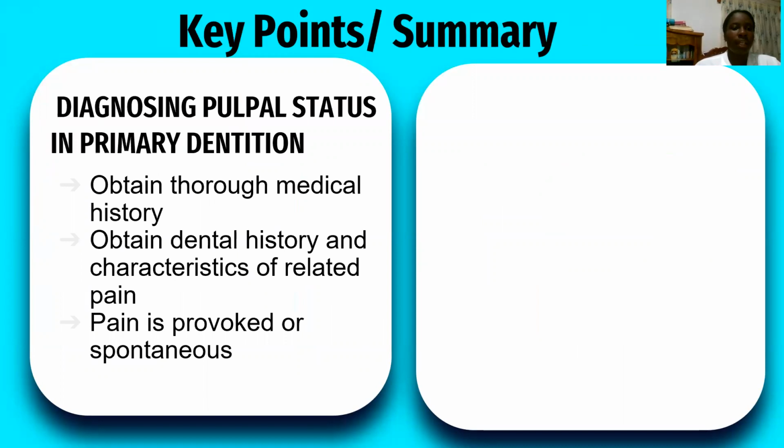So, in diagnosing pulpal status in primary dentition, a dentist would obtain a thorough medical history from the patient, also the dental history of the patient, and the characteristics of the related pain that the patient presents with. Now, pain can be provoked or spontaneous.